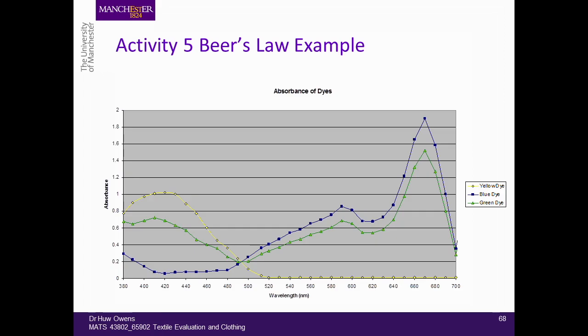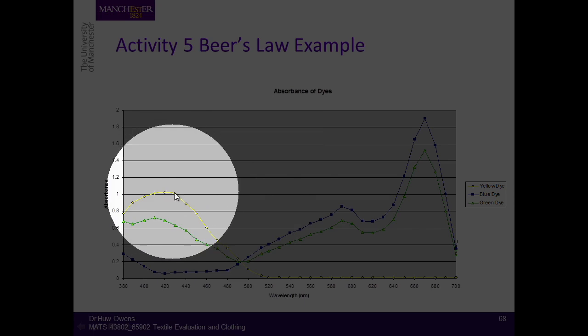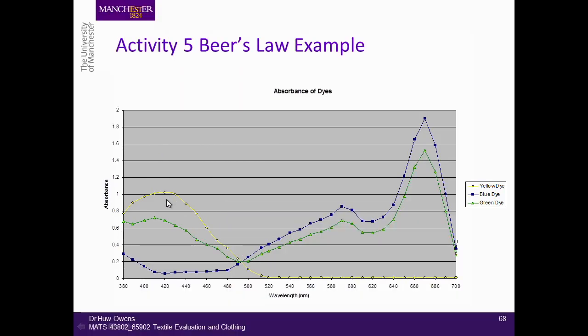Okay, let's have a look at an example. So we've got some dyes here. We've got a yellow dye. So the yellow dye is absorbing strongly here in the blue. We've got a blue dye, and then we've got a mixture of the yellow and the blue dye.